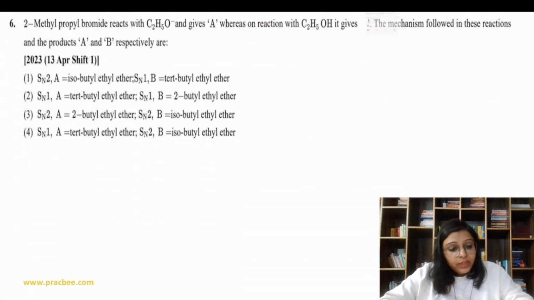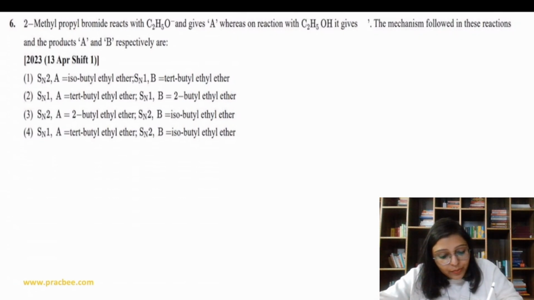We have 2-methyl propyl bromide, right? So basically 1, 2, 3. 2-methyl propyl bromide.